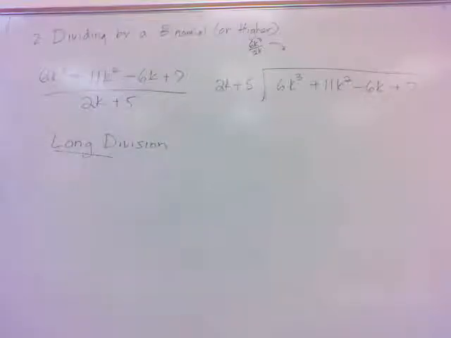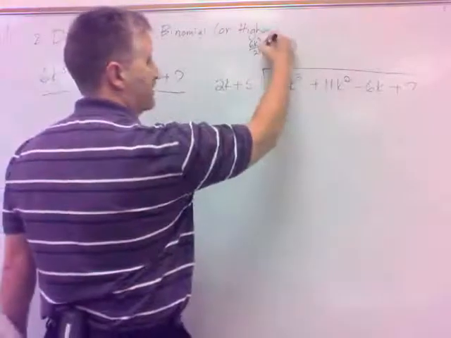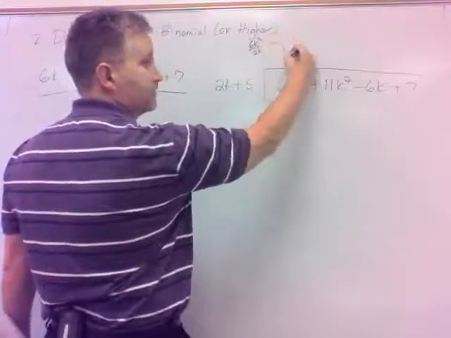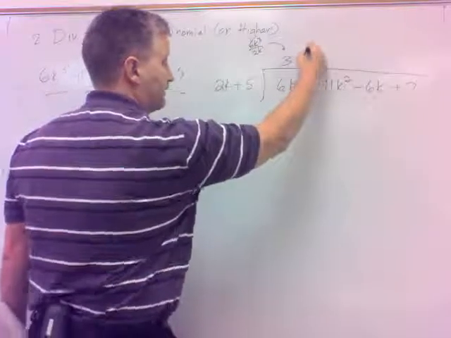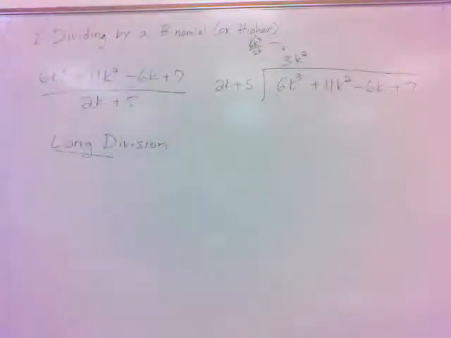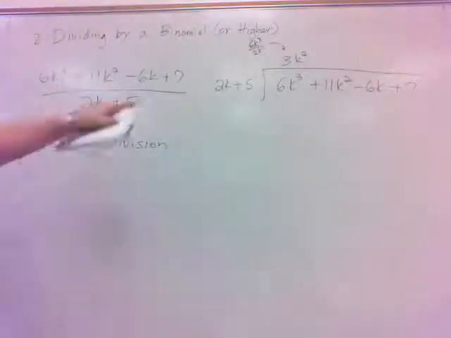Well, if I do that, what is 6k cubed divided by 2k? The good thing about it is the dividing usually works out pretty nicely. 6 divided by 2 is 3. k cubed divided by k to the first would be k squared.